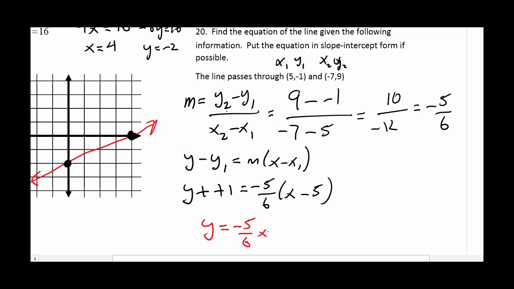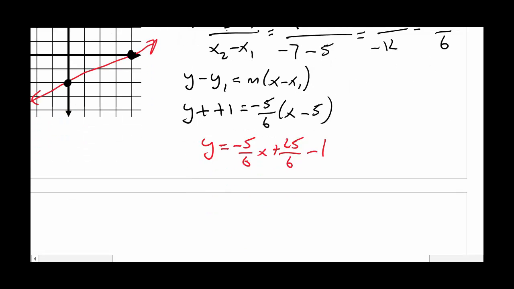So negative 5/6x plus 25 over 6. And then we're going to subtract the 1 that was on the other side as a plus. It's now a minus. And then we'll simplify that. So negative 5/6x plus 25 over 6.